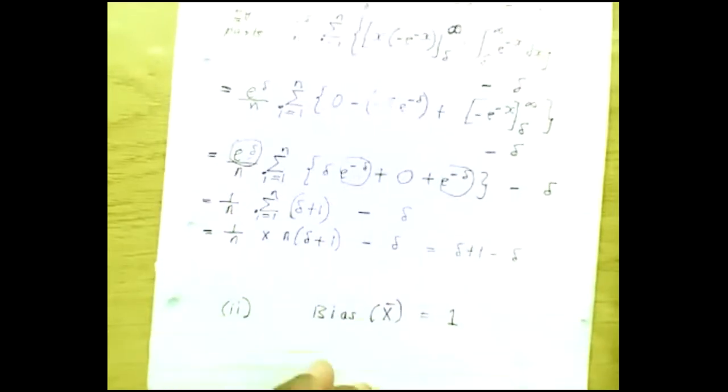So the second part of question 3. What we have shown so far is that the bias of the estimator is equal to 1, a constant, of course, which implies that the limit, because the second part is asking you for the limit of the bias as n approaches infinity, will also be 1, because remember, 1 is a constant with respect to n, so the limit of a constant is itself, right?